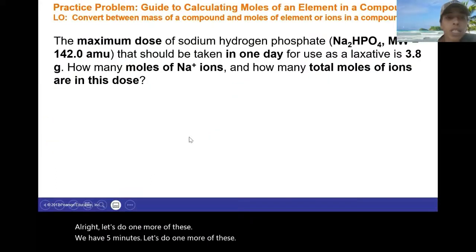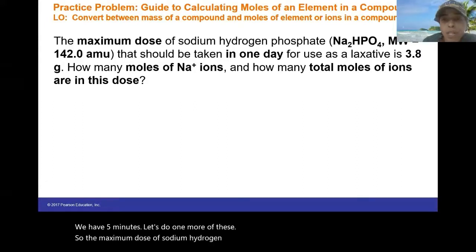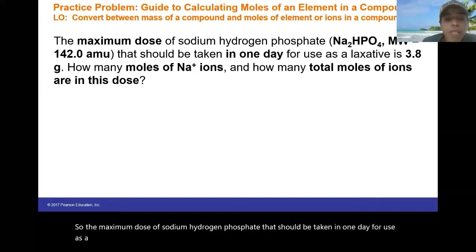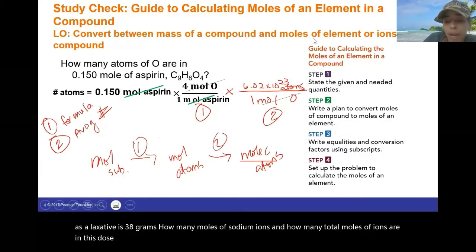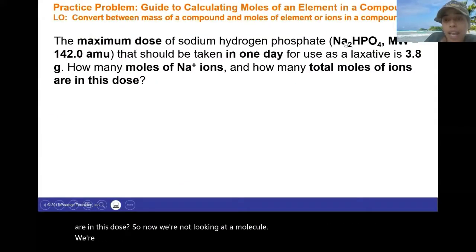Right. So the maximum dose of sodium hydrogen phosphate that should be taken in 1 day for use as a laxative is 3.8 grams. How many moles of sodium ions and how many total moles of ions are in this dose? So now we're not looking at a molecule, we're looking at an ionic compound. What are our 2 ions?